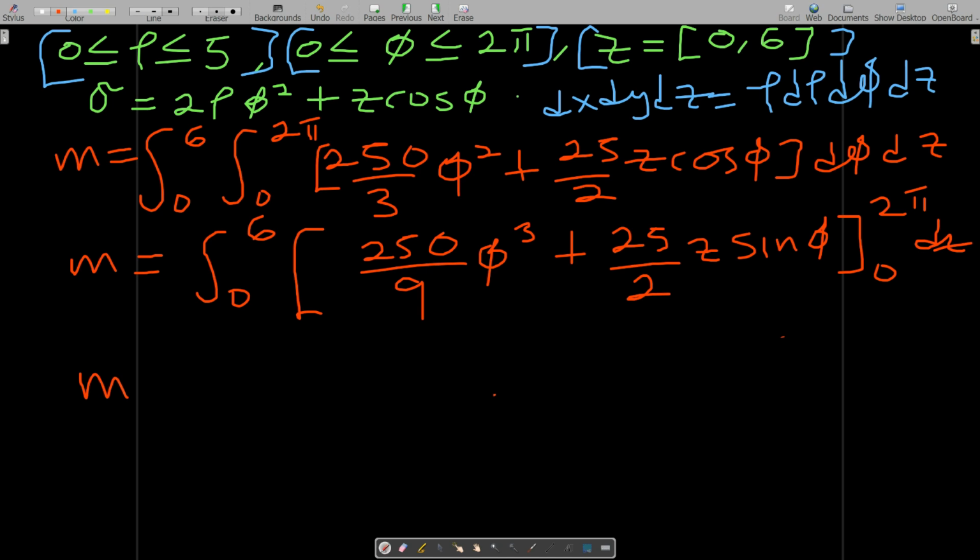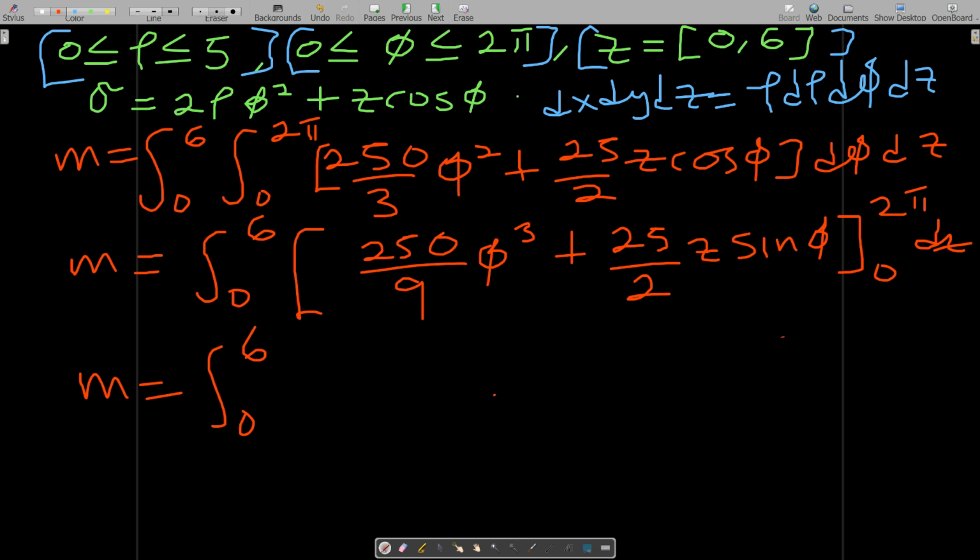So m is equal to the integral from 0 to 6. Now if I put 0 in, everything will give me 0. Sine 0 is 0. So when I put 2 pi in place of phi cubed, I'll get 8 pi cubed. So it's 250 times 2 pi all cubed over 9, and 2 pi all cubed gives me 8 pi cubed.